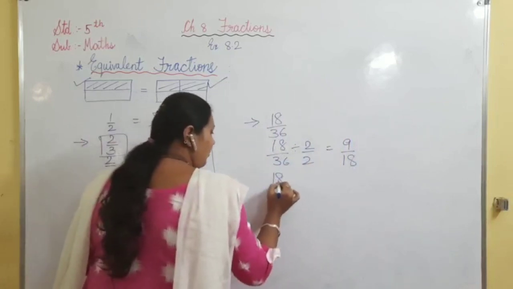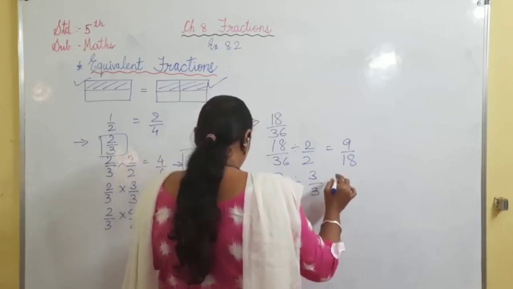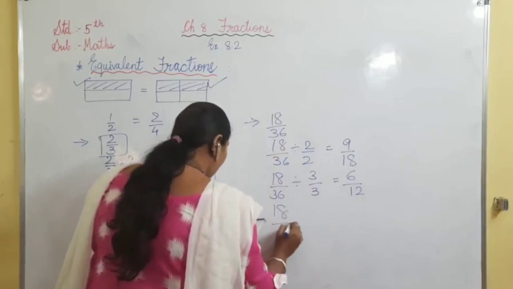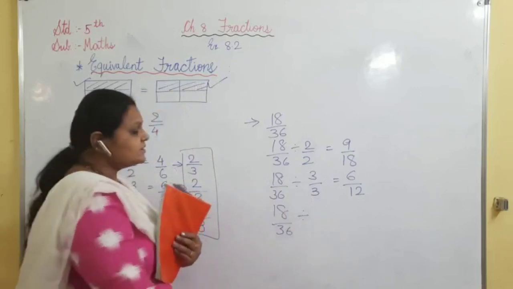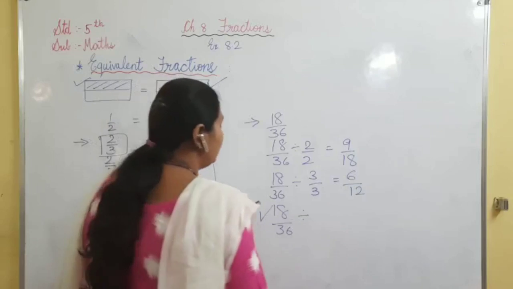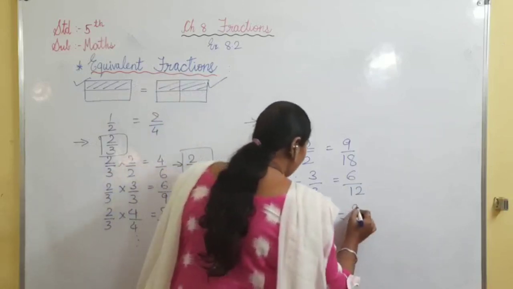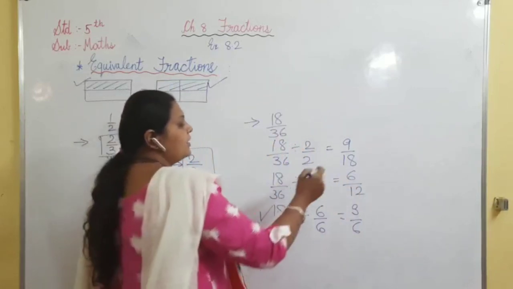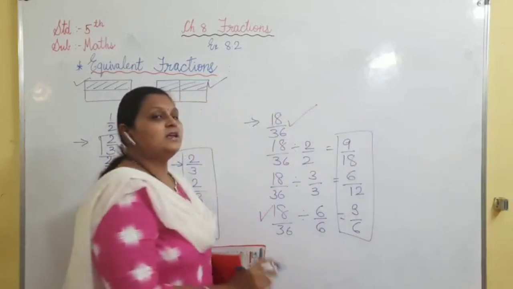Now 18 upon 36 divided by 3 upon 3, so you will get 6 upon 12. 18 upon 36 divided by 4 you cannot take because 18 is not divisible by 4. So we'll take directly 6. 18 upon 36 divided by 6 upon 6, you will get 3 upon 6. So all these are called equivalent fractions to 18 upon 36.